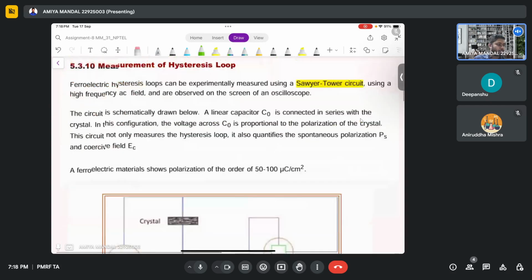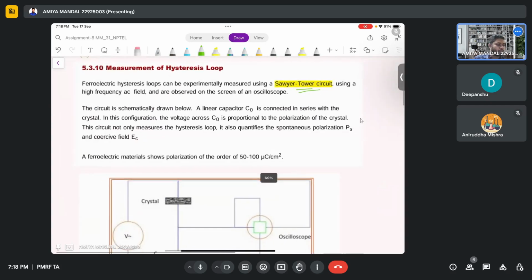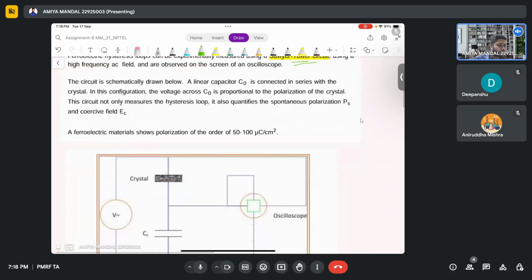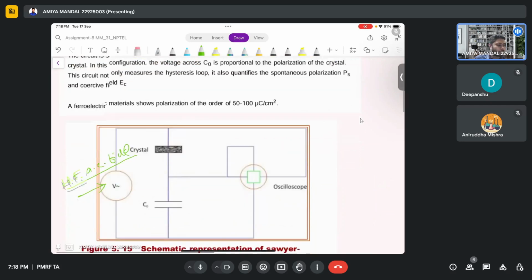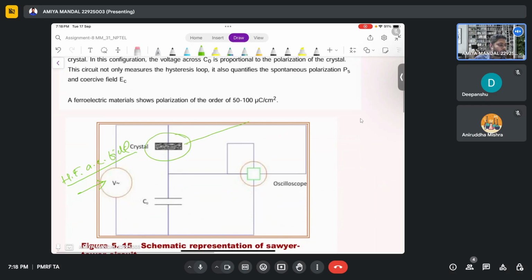Measurement of the hysteresis loop is mainly done by the Sawyer-Tower circuit, where a high frequency AC field is applied on the crystal. This is the measuring crystal whose polarization versus electric field loop is to be measured, and there is an oscilloscope and a reference capacitor.